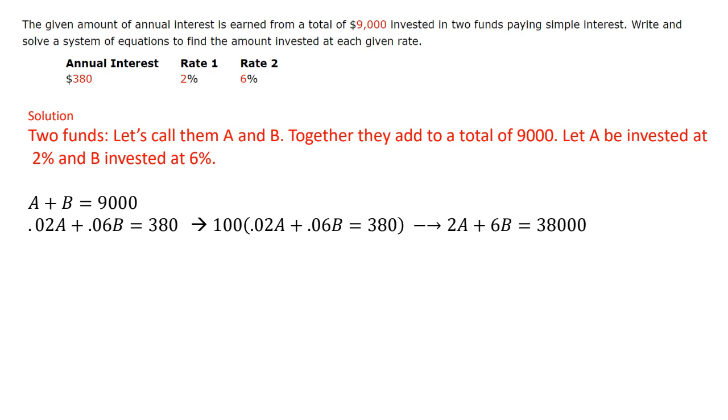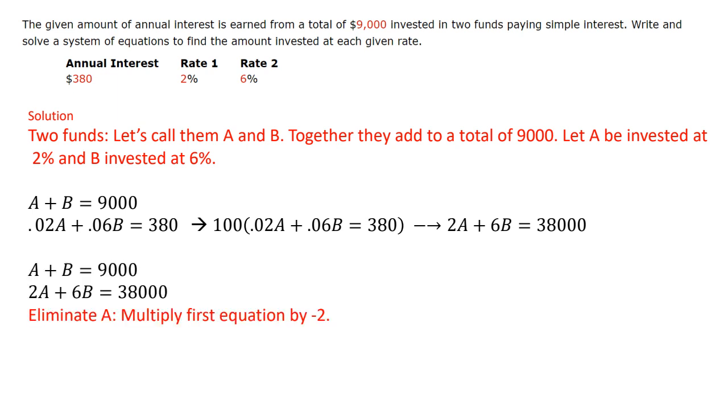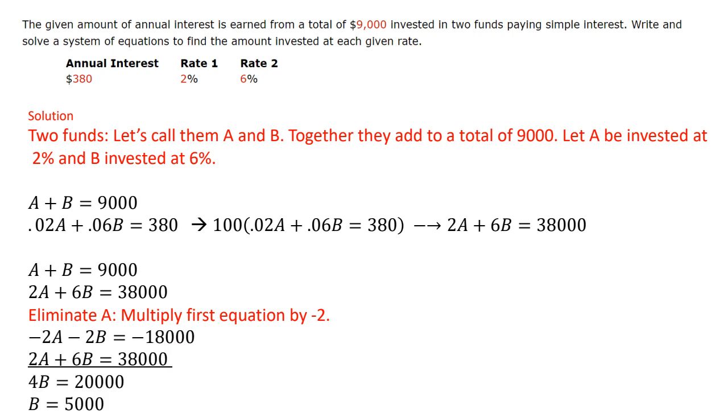Okay, so now let's go ahead and do the elimination method. To do the elimination method, I'm going to eliminate the A. So what I'm going to do is multiply the first equation by -2. When I do this, I get -2a minus 2b is equal to -18,000.